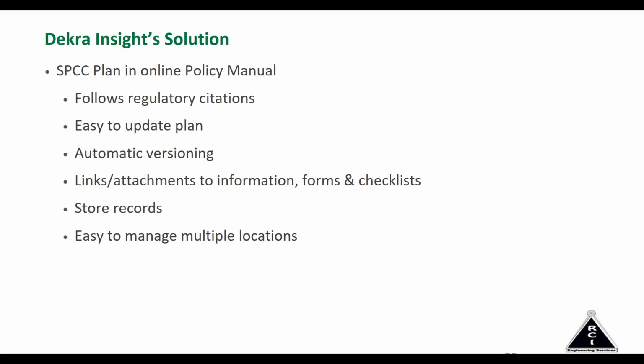All you've got to do is click on the words, say, inspection checklist, and it will bring up the inspection checklist. We store records in the online policy, and it's easy to manage multiple locations. If your company has multiple locations and you need SPCC plans at more than one, it's very easy to go in, build the plan for one, and then the other, and manage all that information.